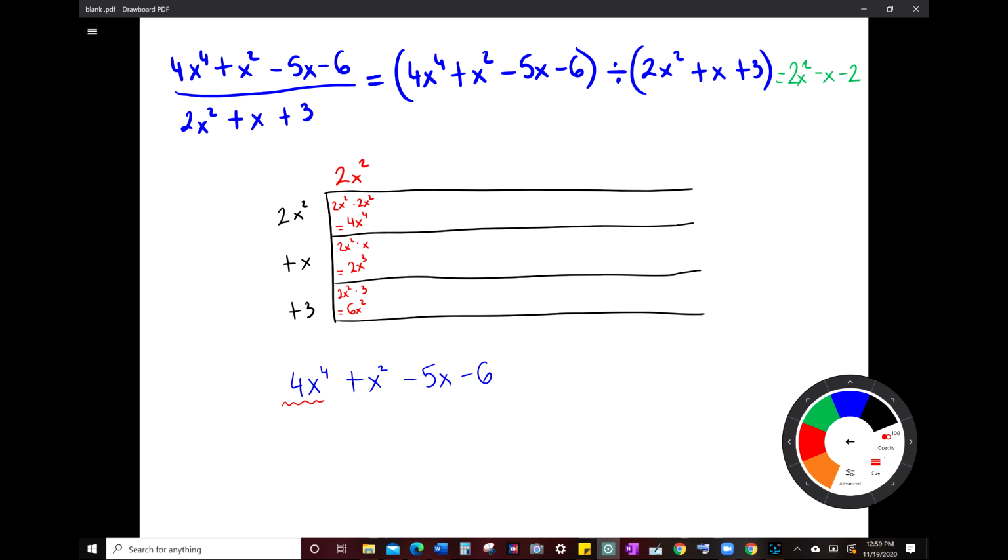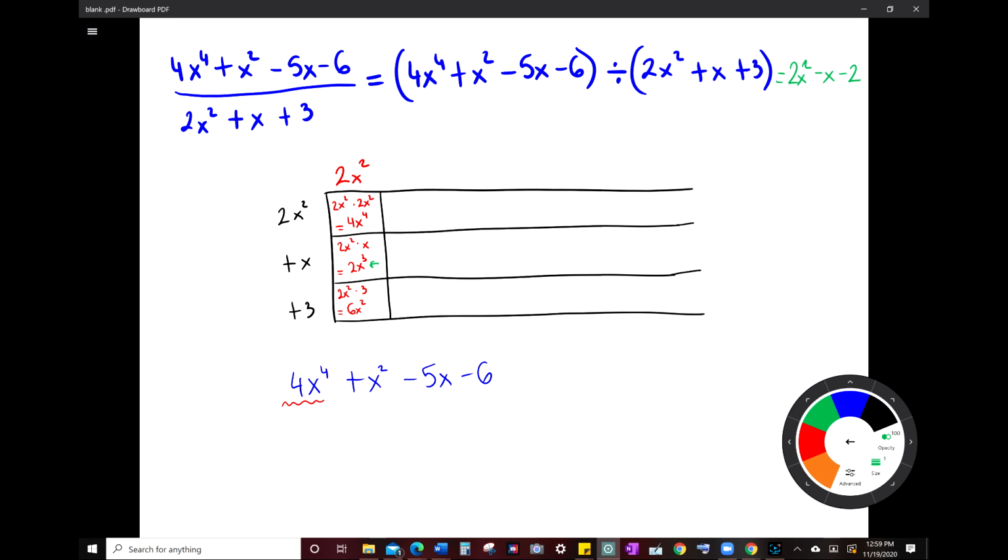Right, then next, I see that I have 2x to the 3rd right here. However, in the final product, I don't have 2x to the 3rd.